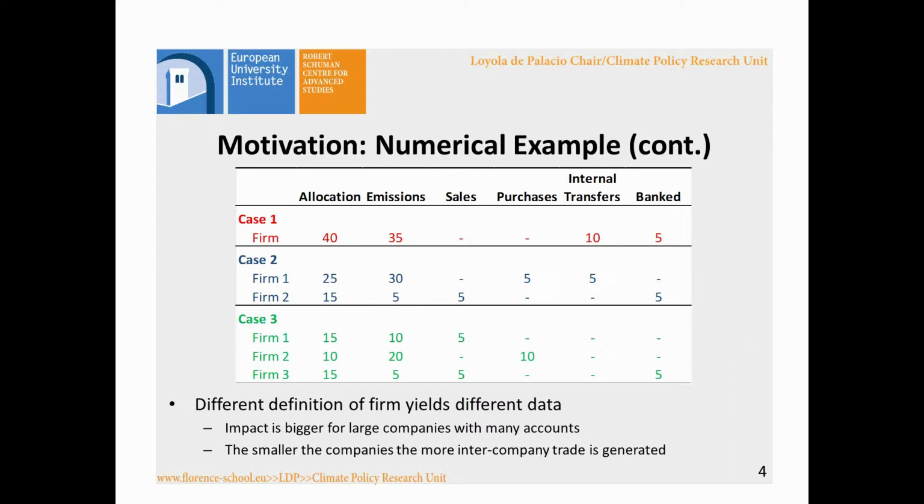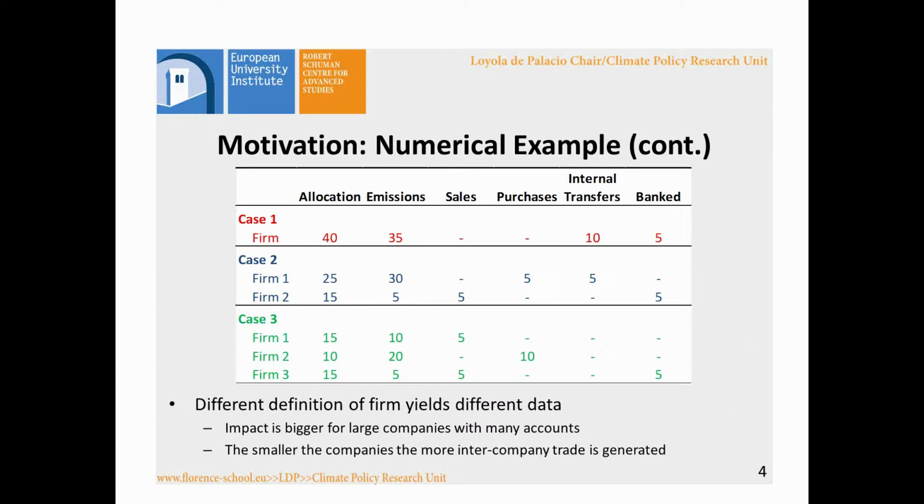You're obviously going to have a larger impact the more of these accounts you aggregate. And generally speaking, as we have seen here, for instance, in case 3, the smaller the companies, the more your data show that the companies in the EU ETS conduct intercompany trade.